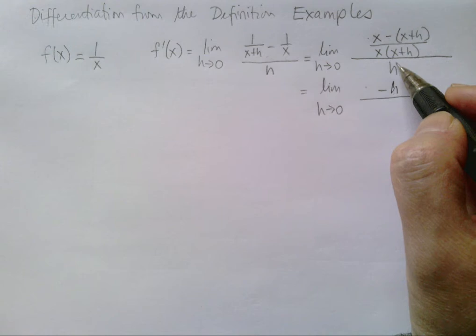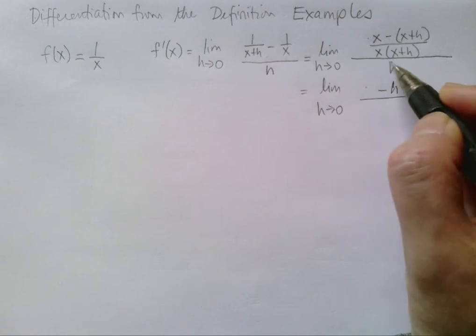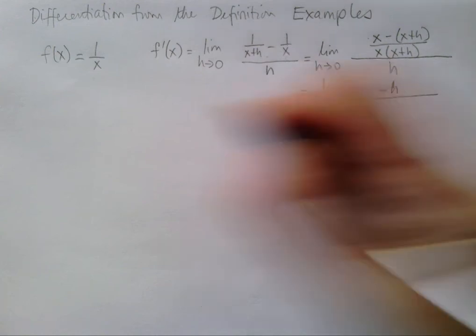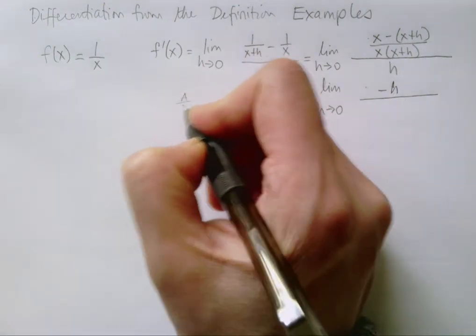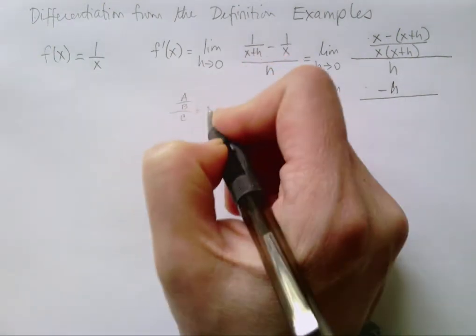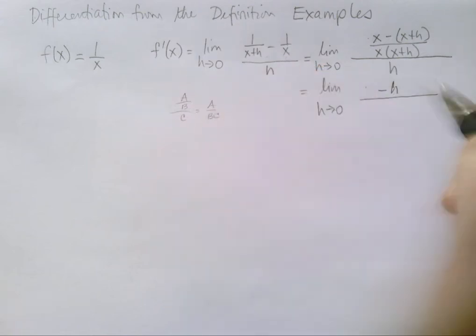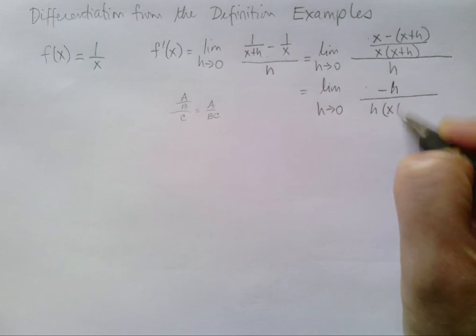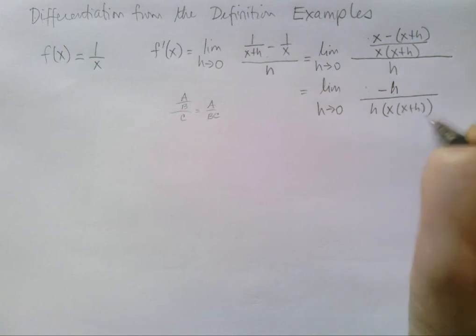And then we combine these denominators by rules of algebra, right? With the idea that a over b over c equals a over b times c. So this equals h times (x plus h).